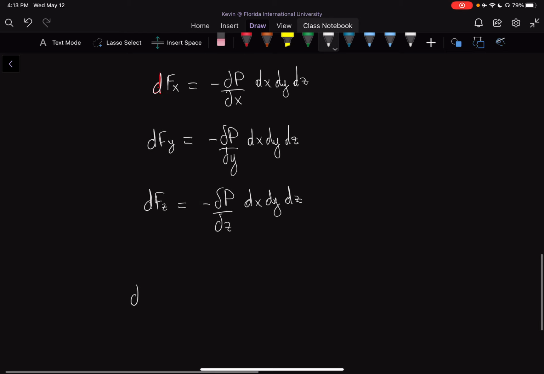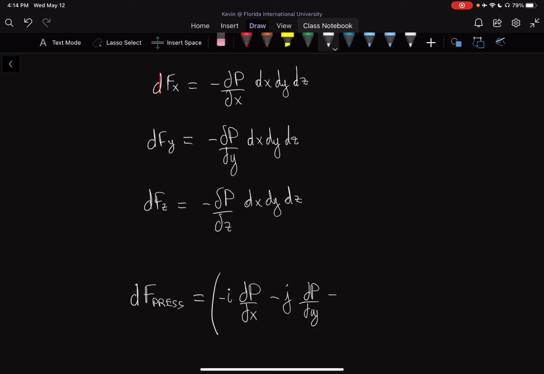So the force on the element due to pressure, I'm going to call it dF press, is going to be equal to, in the minus i direction, and we'll talk about that in a second, dP/dx, minus j times dP/dy, minus k dP/dz, multiplied by dx dy dz.